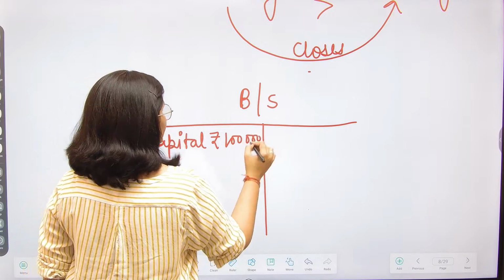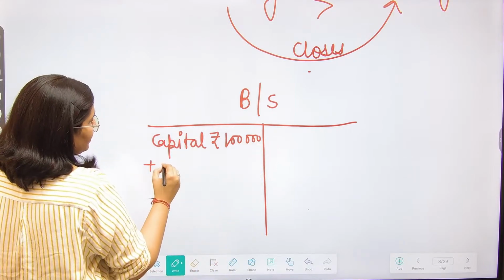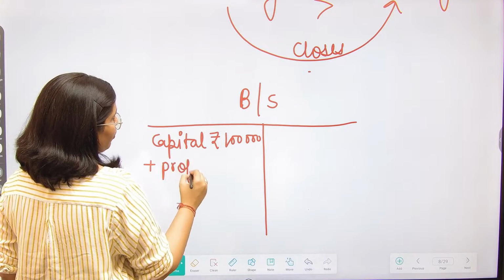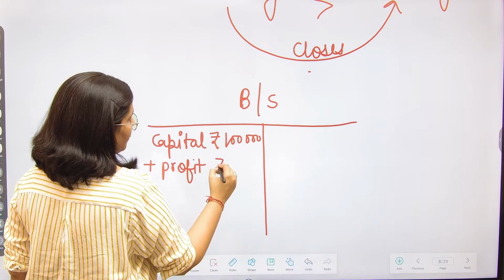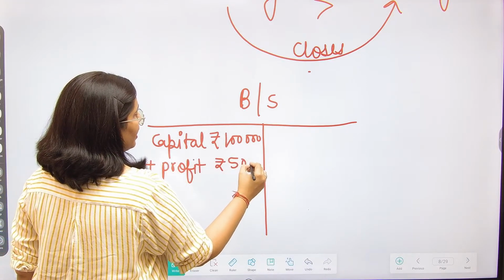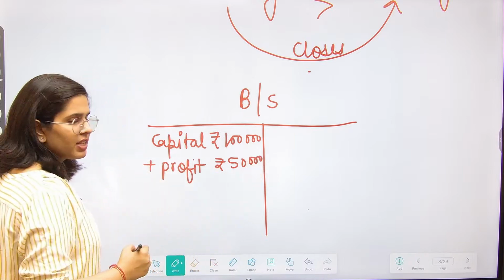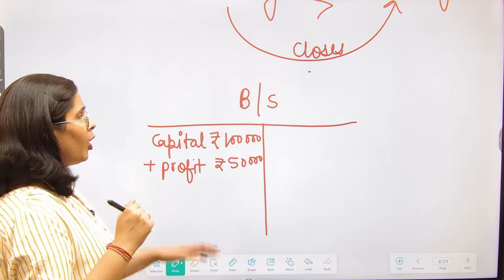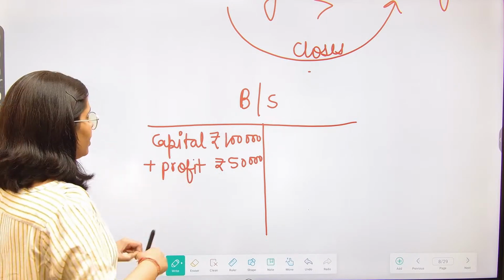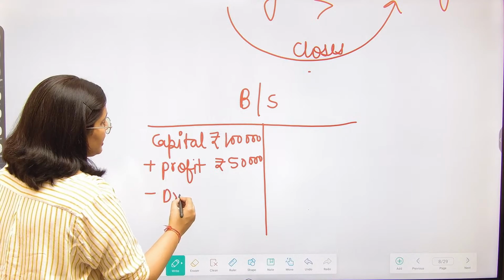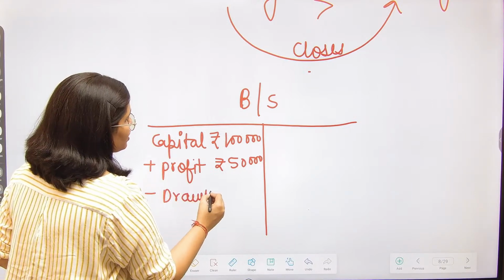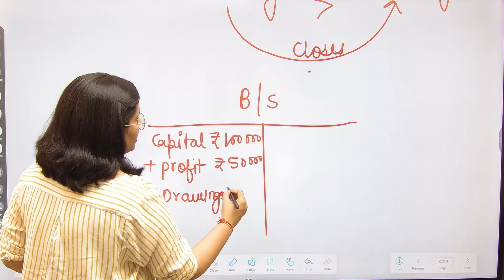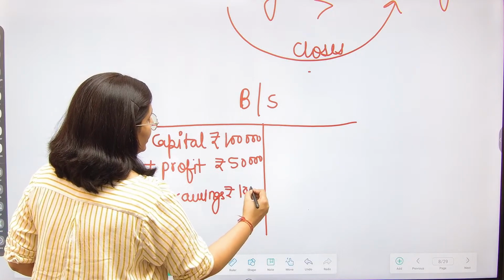The owner will say yes. Then the business will say that in the current year we have earned a profit of 50,000, so let's add it here, because we will give this profit to you. But then the business will say, dear owner, you have also withdrawn 10,000 rupees for the school fee of your child, so I am going to deduct it.